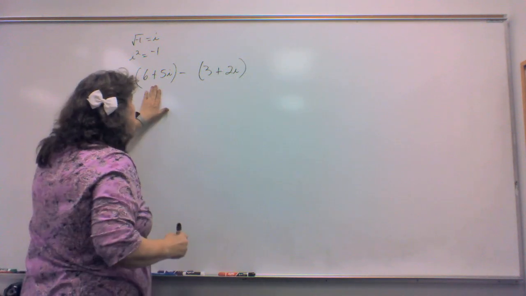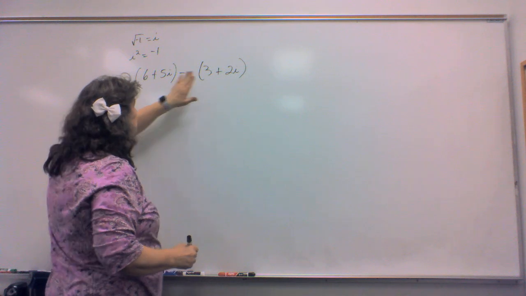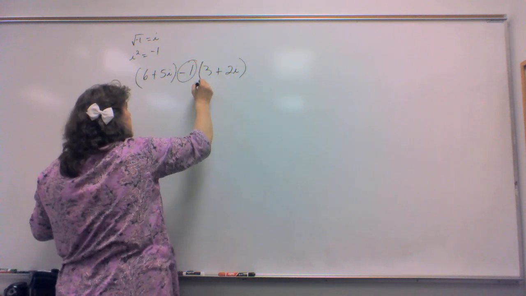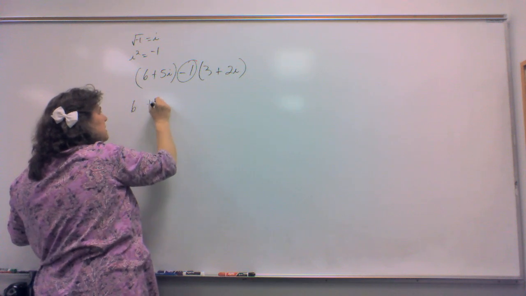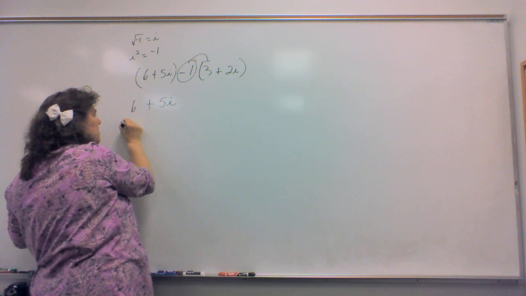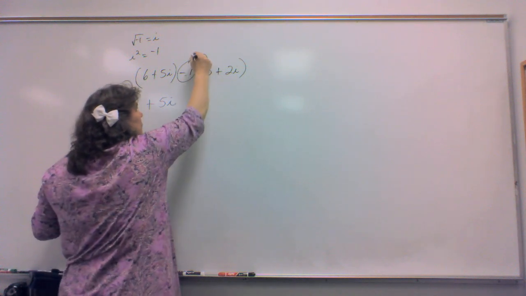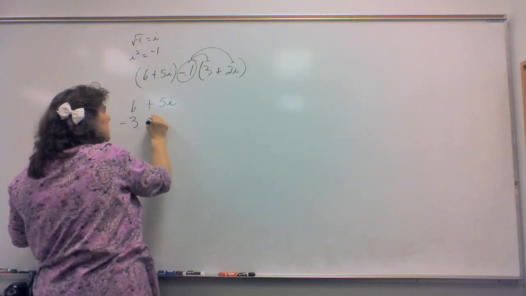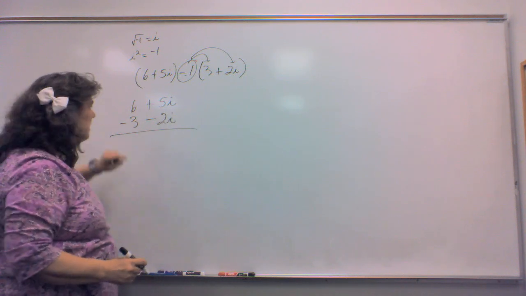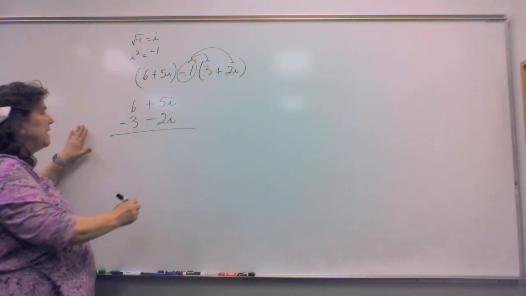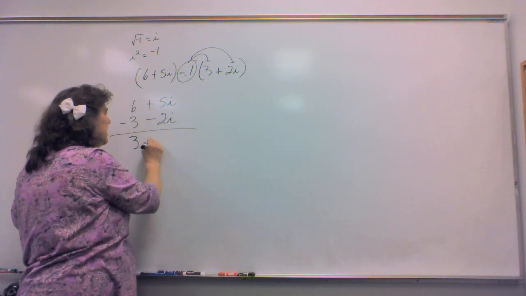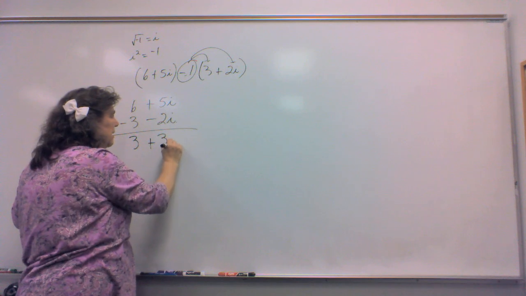So this is being subtracted from this. So let's put a 1 here and distribute it. So we have 6 plus 5i. -1 times 3 is -3. -1 times 2i is -2i. And notice I did the stacking method again. 6 minus 3 is 3. 5i minus 2i is plus 3i.